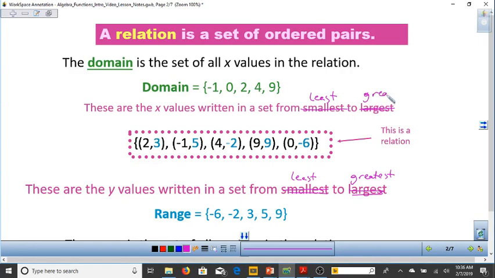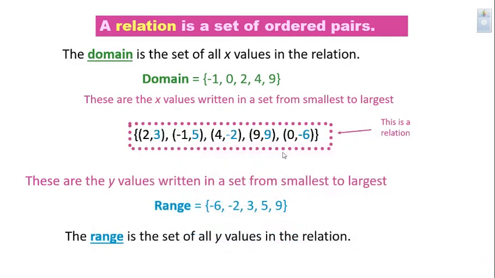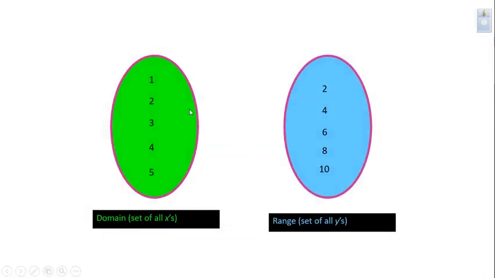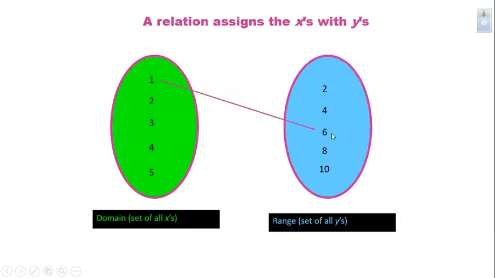Now, let's take another look at a way to represent functions. This is called a mapping diagram. It tells you how the numbers are linked from the domain to the range using arrows. So for example, in this relation, we link the number 1 to 6, 2 to 2, 3 to 4, 4 to 8, and 5 to 10.